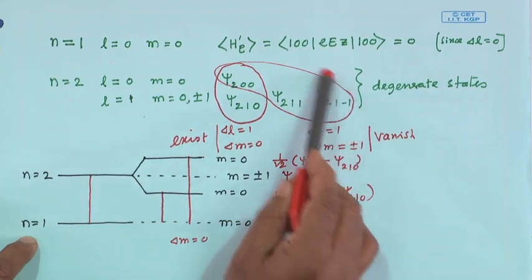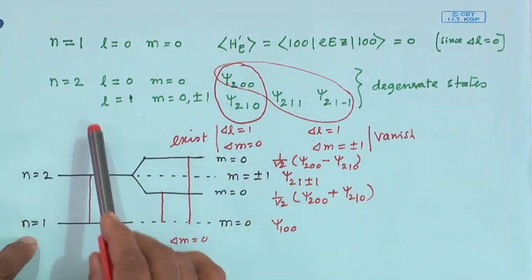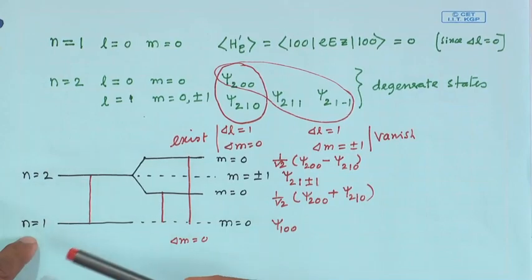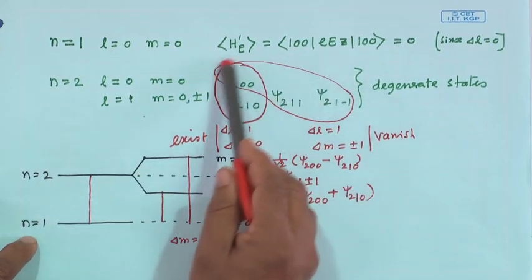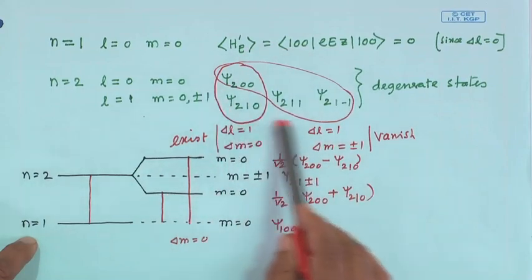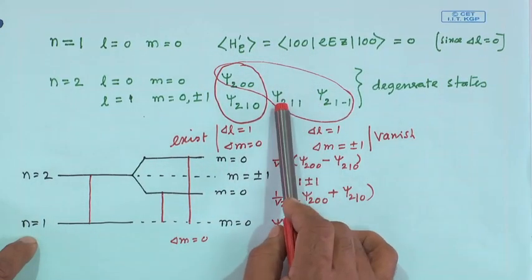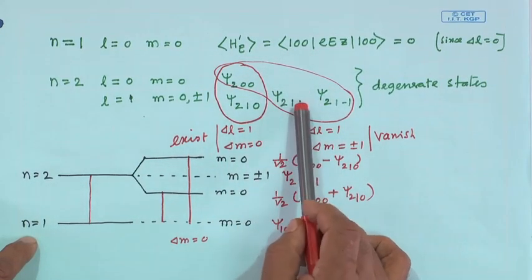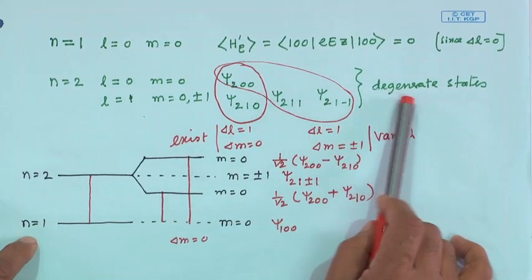So for n equal to 2, under energy E_2, there are 4 eigenstates having the same energy. So these are degenerate states.